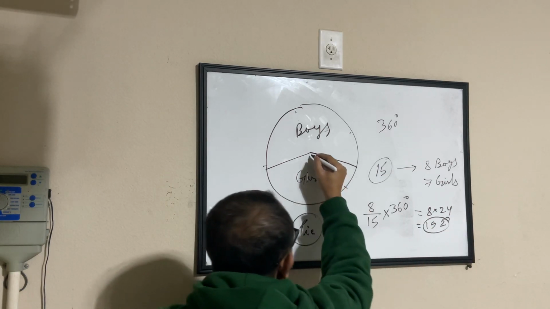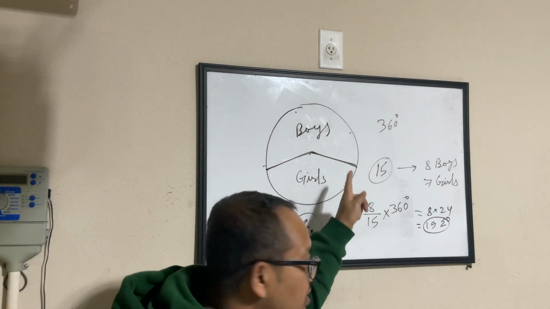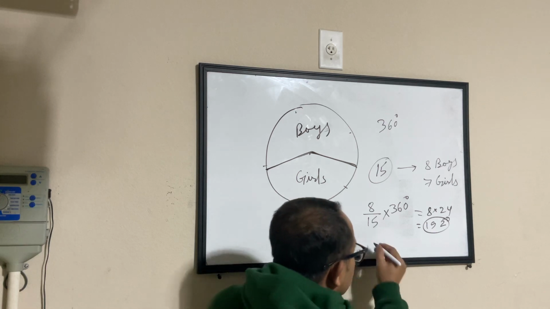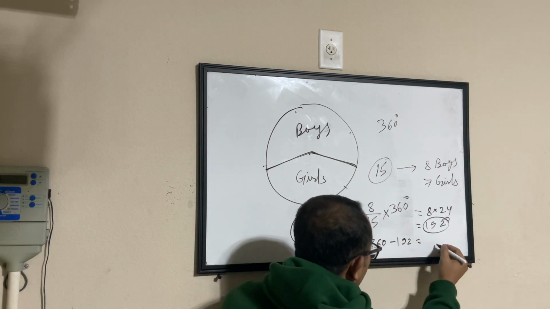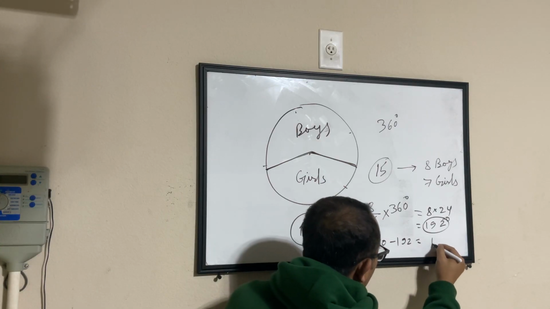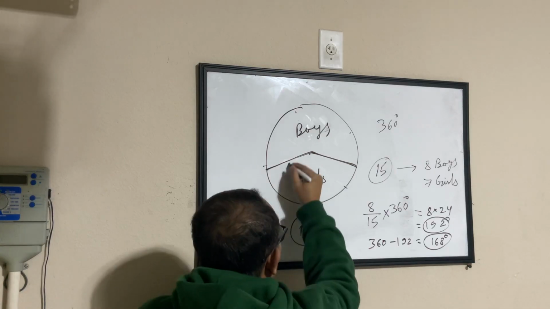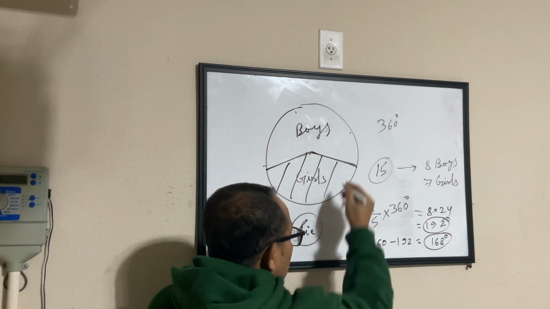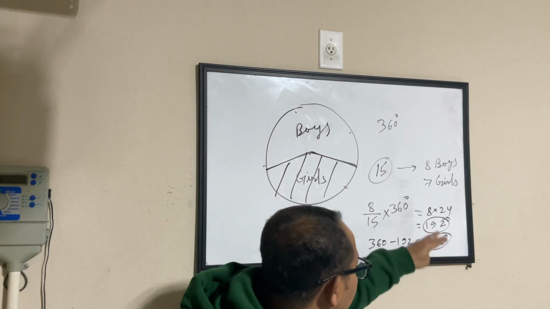So 192 degrees of the pie will be boys, and the remaining 360 minus 192, which is 168 degrees, will be represented for girls. We can do this calculation mathematically and find it out, okay.